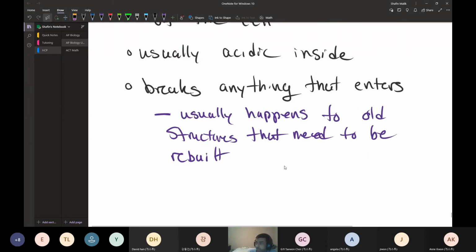Now, lysosomes are in almost every cell. But there's one category of cell in particular where the lysosomes are very, very important.